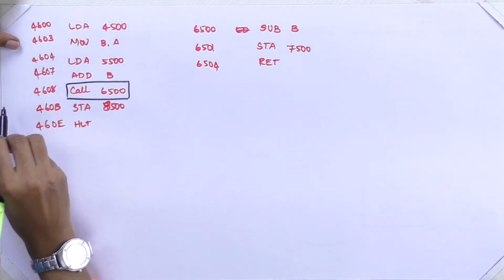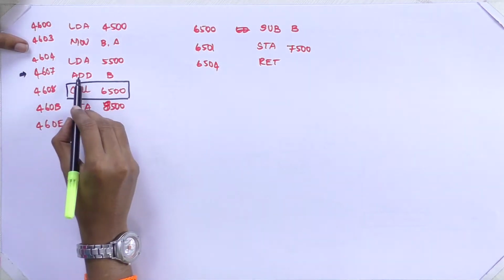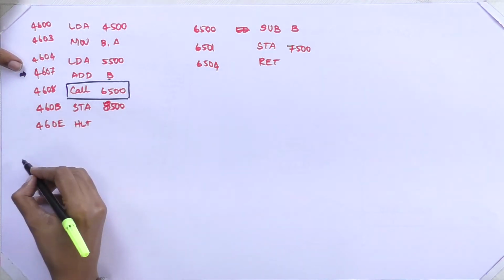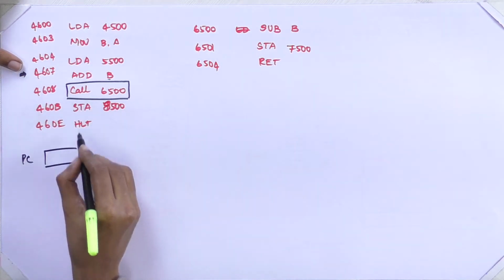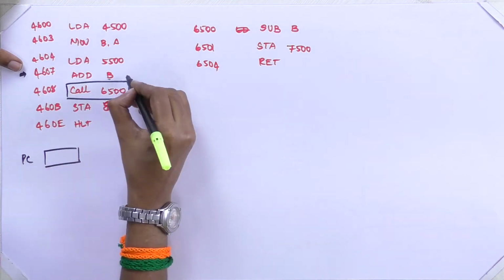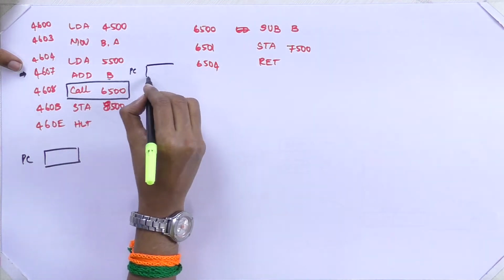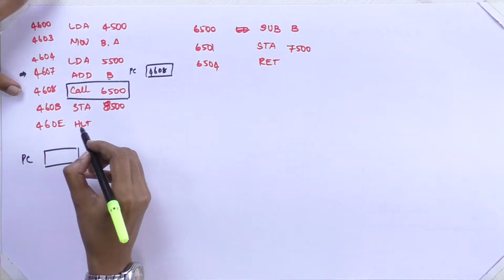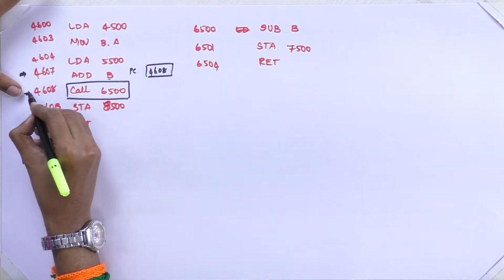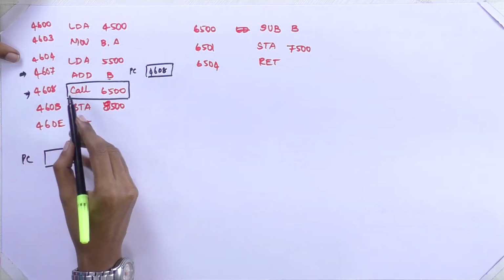As we discussed before, when your processor executes the instruction add B, PC will have the address of the next instruction, that is call 6500. The PC value here would be 460B.